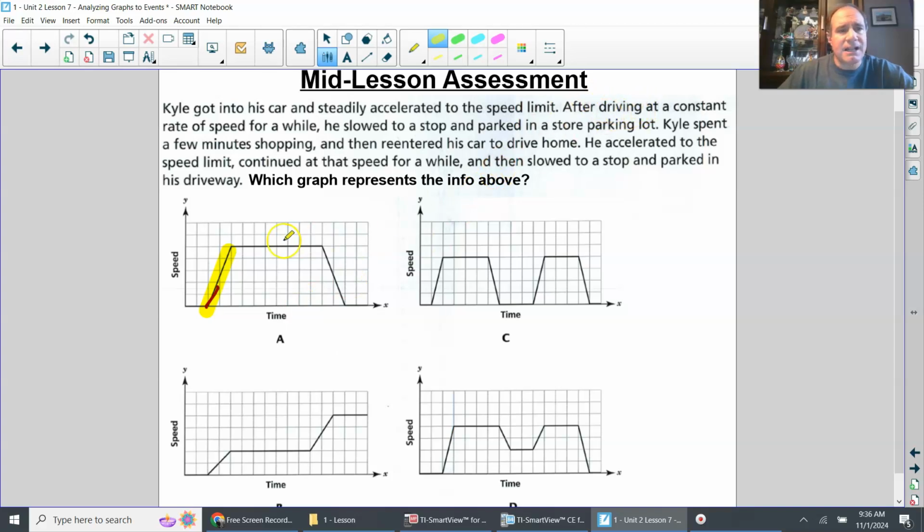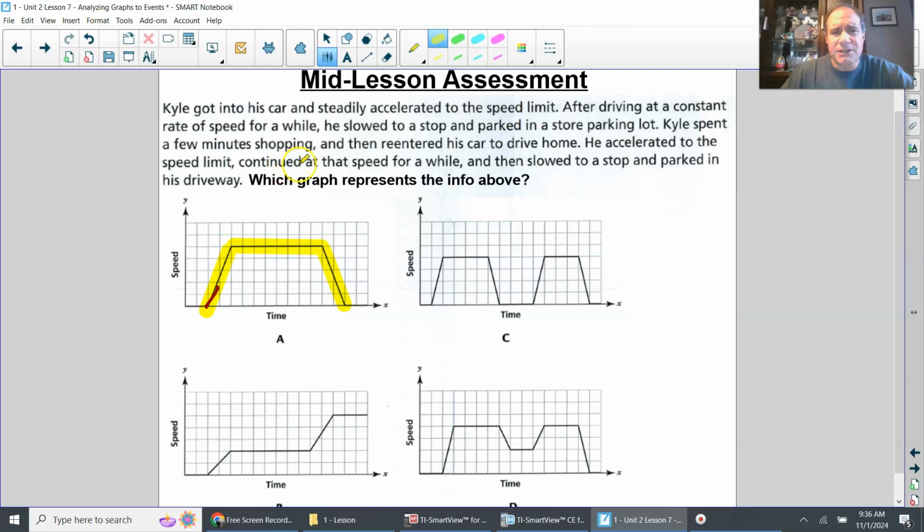After driving at a constant rate of speed for a while, that's what he did, constant rate of speed. He slowed to a stop, then parked in a store parking lot. So that could be the answer, but let's see.